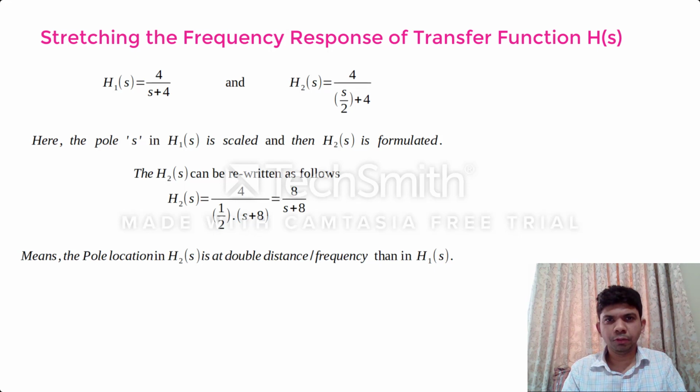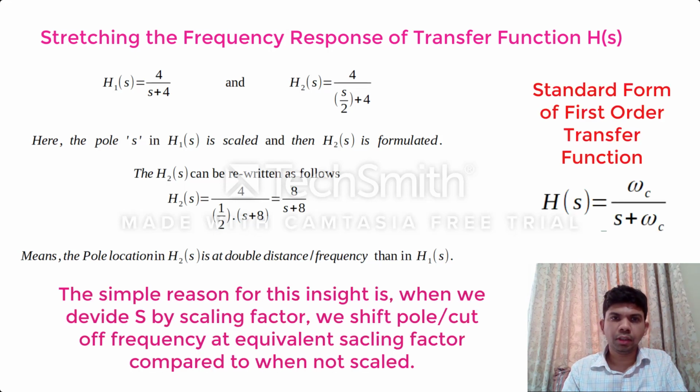Let us take two transfer functions. As you can see here, H1 of s equal to 4 divided by s plus 4 and H2 of s equal to 4 divided by s by 2 plus 4. So here, as you can see, I have scaled the pole in H1 of s by a factor of 2 to write my second transfer function H2 of s.